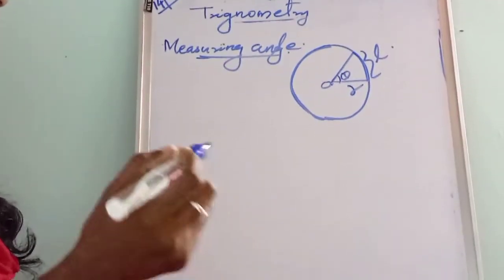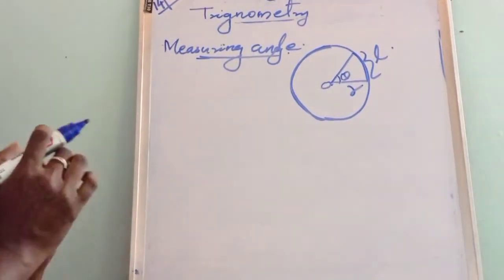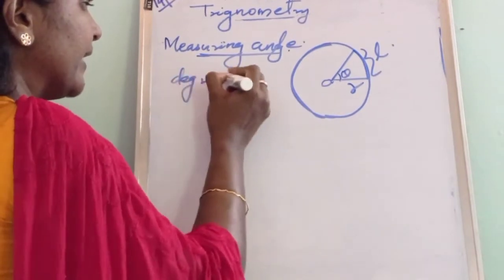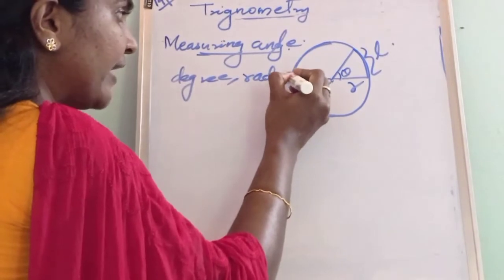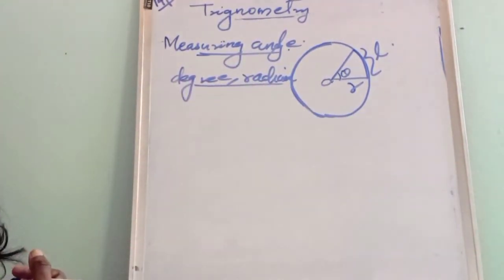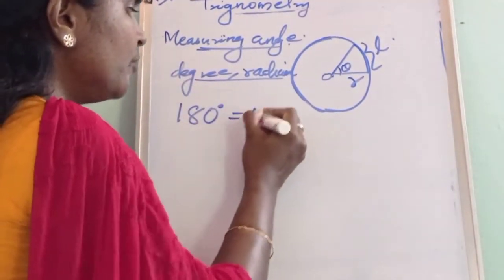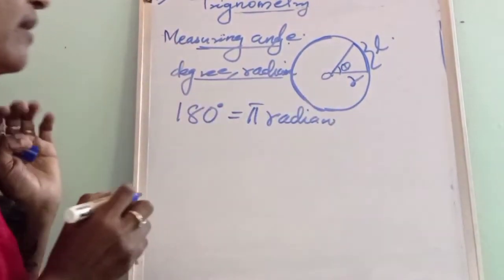Let's see the units that are used to measure angle. For measuring angle we can use degree, or also we can use radians. 180 degree corresponds to pi radian.